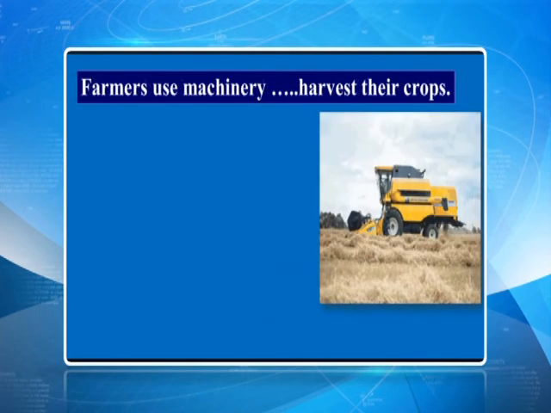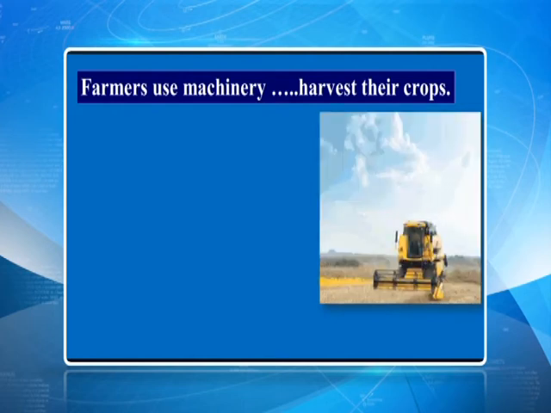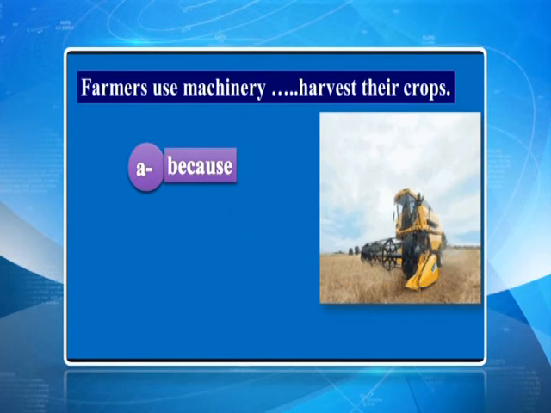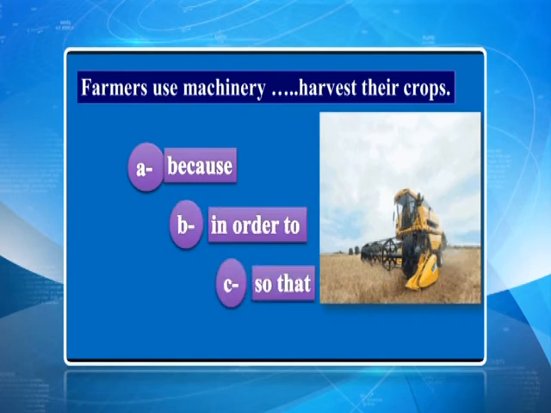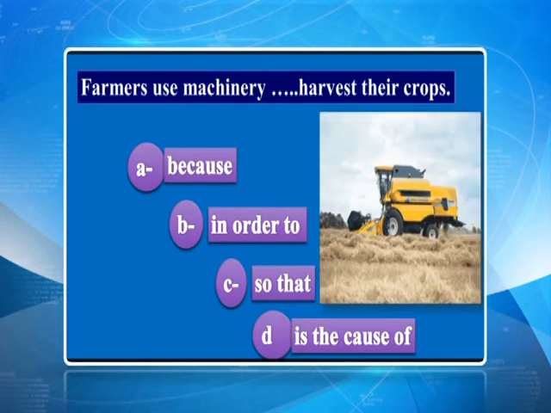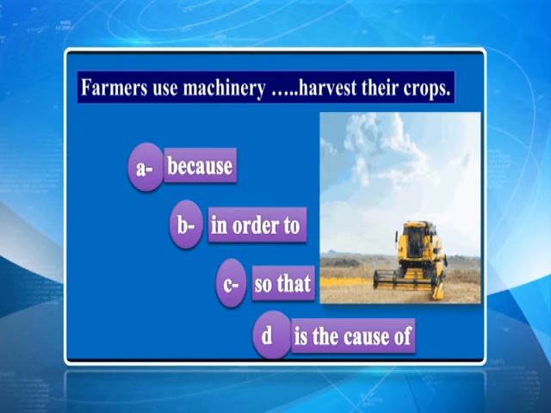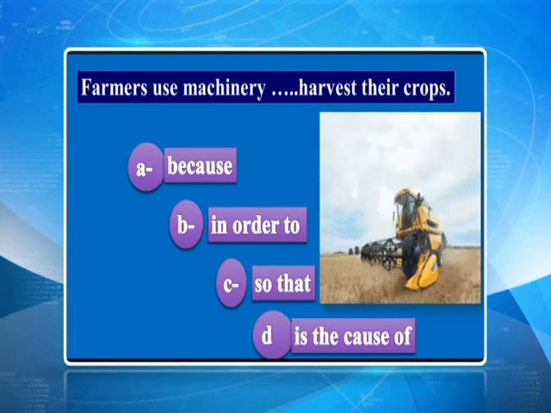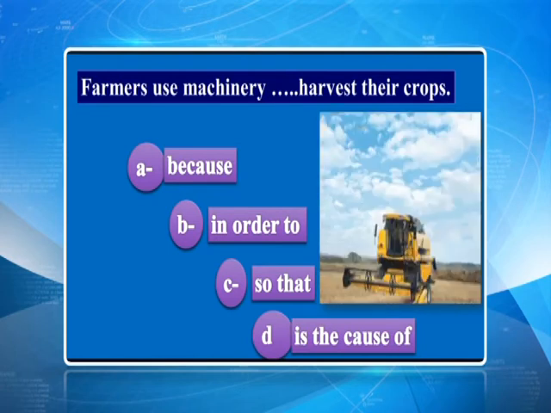Now, next sentence, farmers use machinery, space, harvest their crops: because, in order to, so that, or is the cause of. Let's read the sentence again. Farmers use equipment, they use machinery, and the purpose is harvest their crops. Harvest is a verb.